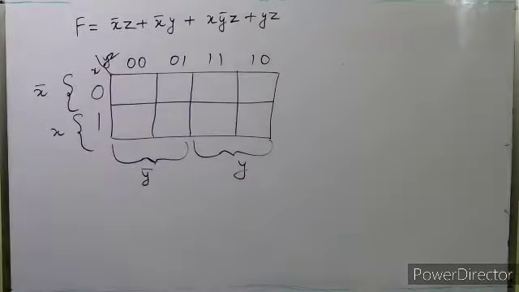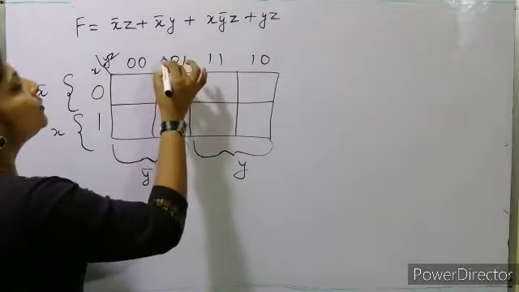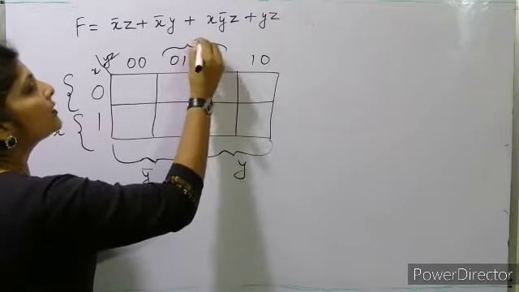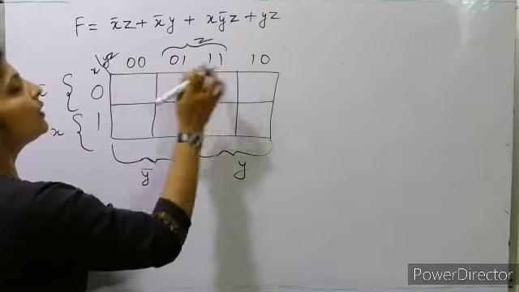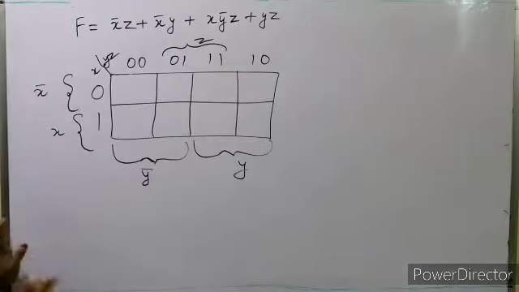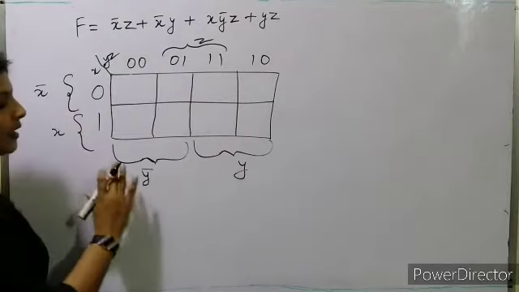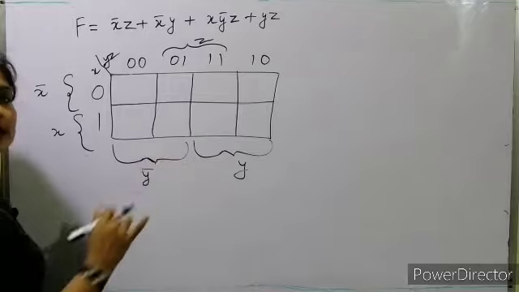Okay, now these two, इसमें z common है, तो z के लिए है, and these two जो है z bar के लिए. Okay, so it's not important कि आपको करना ही पड़ेगा like this.